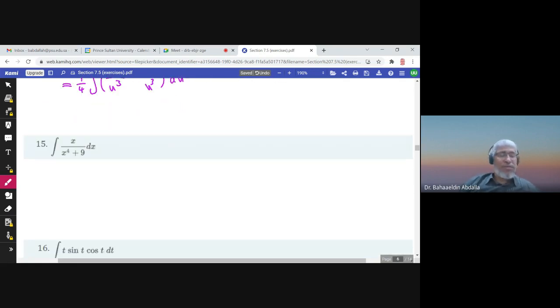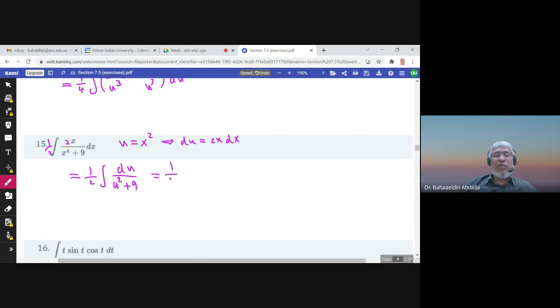Question 15. Yeah, look here, I have x to the power 4. So if I take u equals x squared, then du would be 2x dx. I have 2 here, so the integral would be half times the integral of du over (x squared plus 9), and x to the power 4 would be now u squared, because x squared is u.